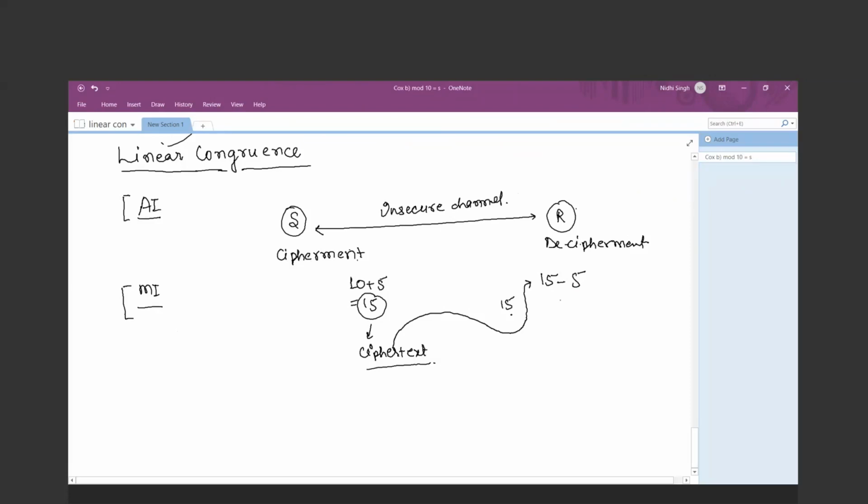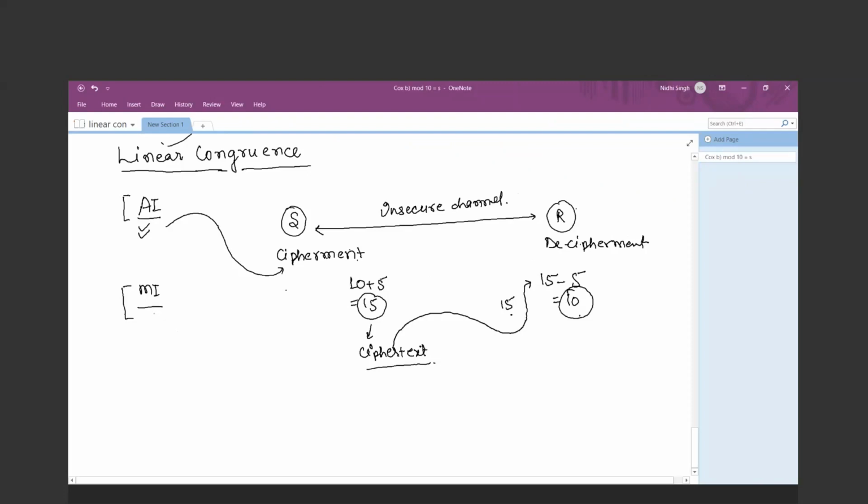So 15 minus 5 equals 10. That is the original plain text. So that's why additive inverse is used: the cipherment algorithm implements the additive inverse algorithm in order to generate the ciphertext, and the receiver uses the inverse of 5 in order to recover the plain text.